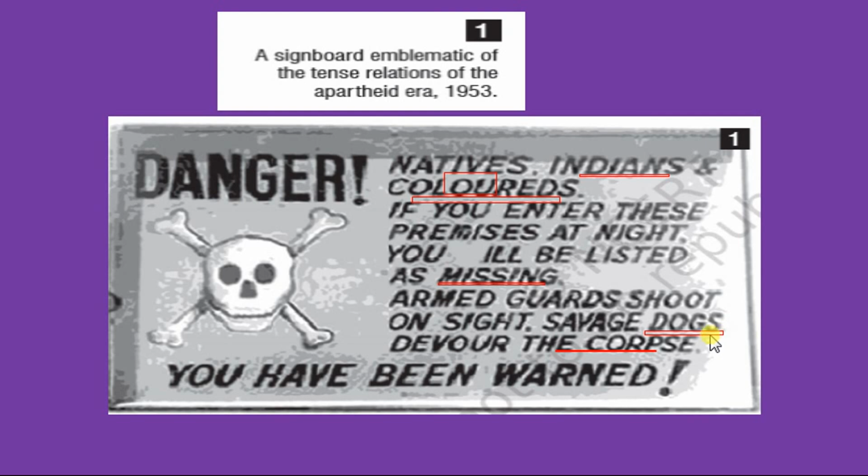The signboard clearly says don't cross here. If you crossed, definitely the police will kill you, shoot on sight, and declare you in the list of missing. That is the cruelty and the level of harassment which was there in South Africa during the period of apartheid.